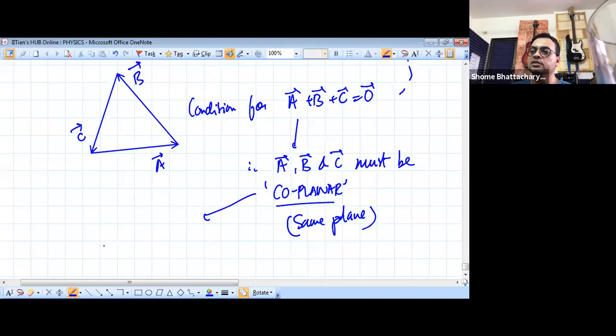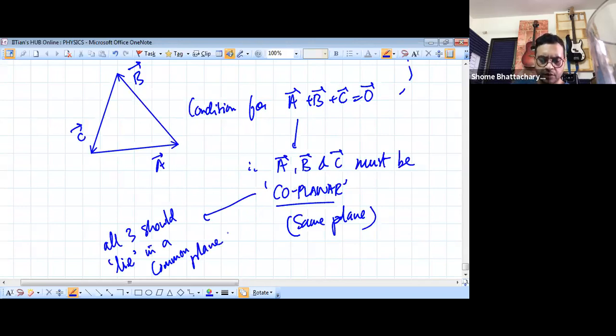All three should lie in a common plane. Okay. So accordingly, you can see that if they are non-coplanar, then their resultant cannot be zero.